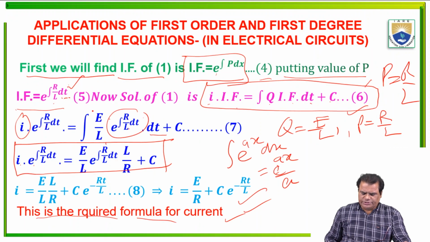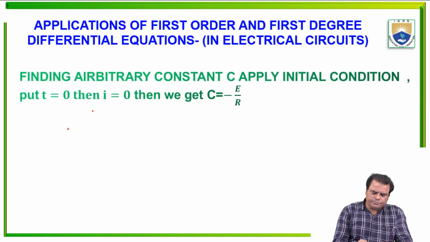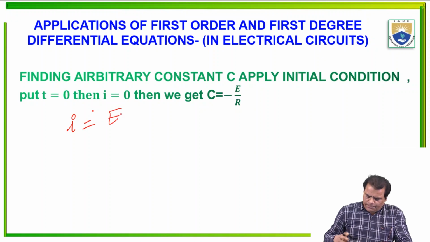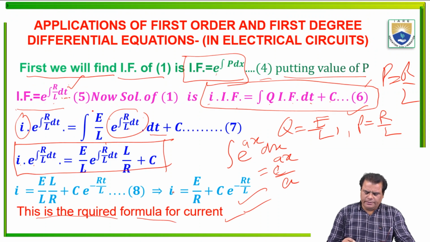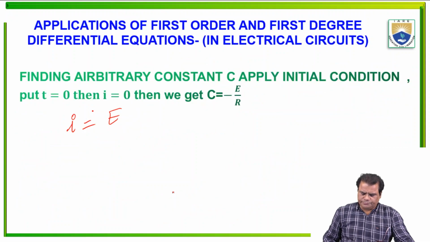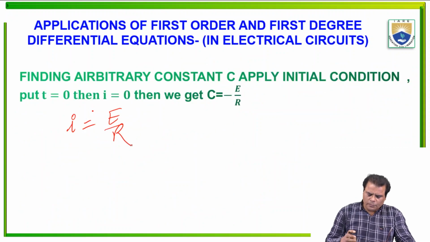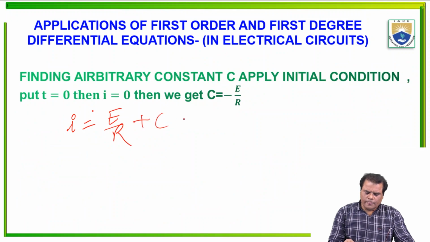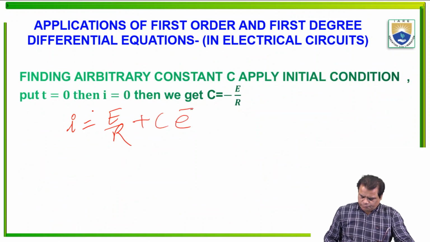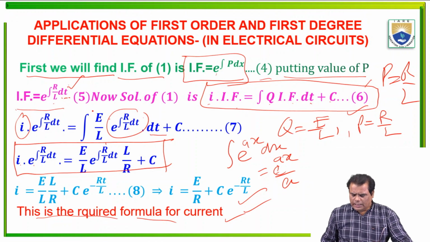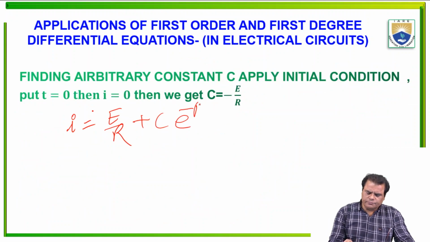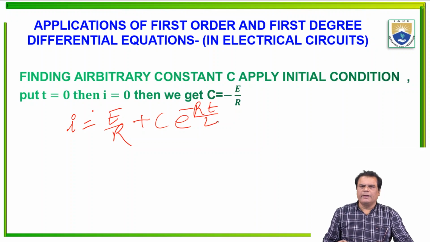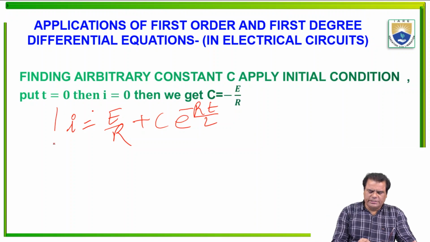In this question the solution is I equal to E upon R plus C e to the power minus RT by L. This is the solution.